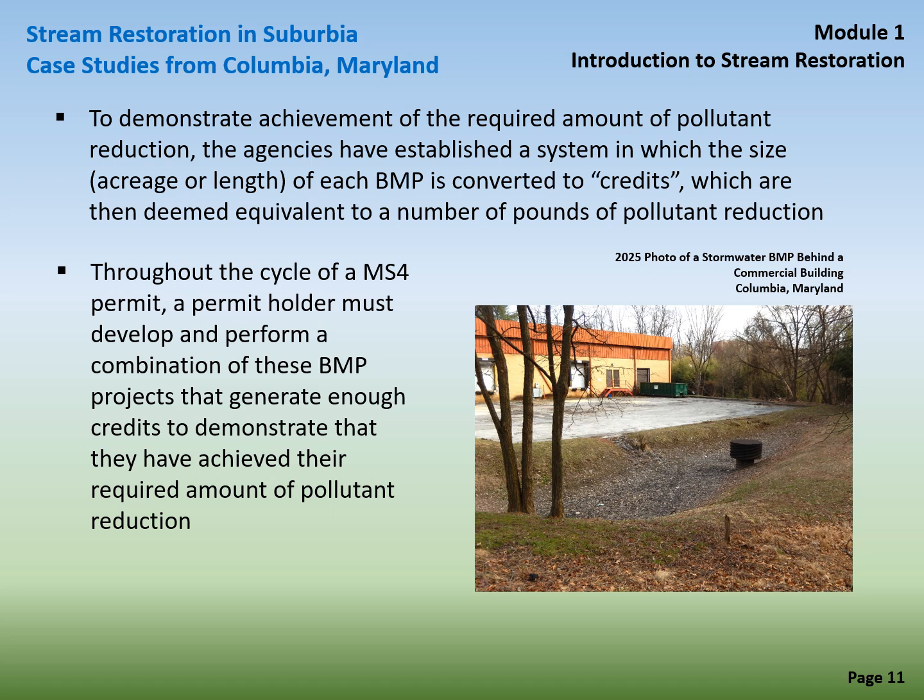And they've come up with a system in which those credits are deemed to be equivalent to a number of pounds of pollutant reduction. And so if you're an MS4 permit holder, you have to develop and perform a combination of these projects to generate enough credits to show that you've reduced your pollutants by a certain amount.